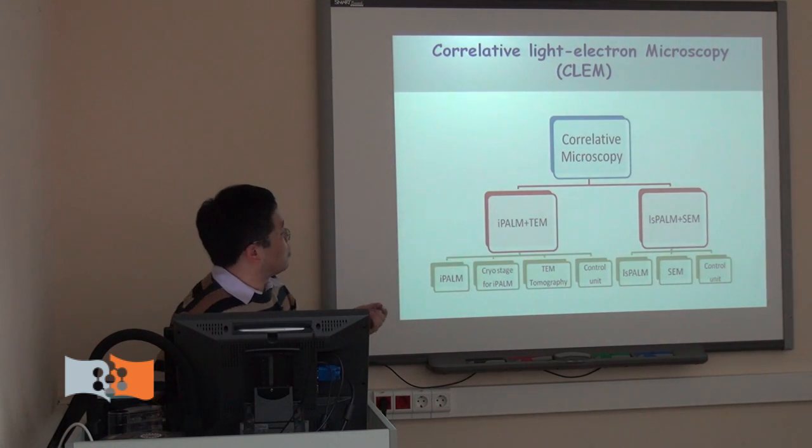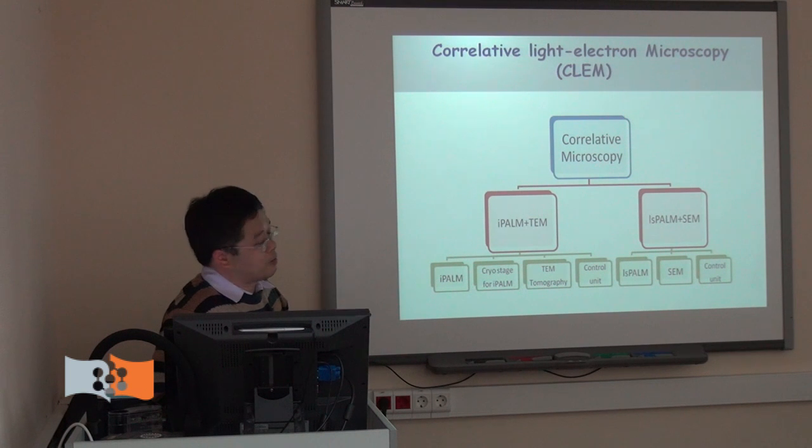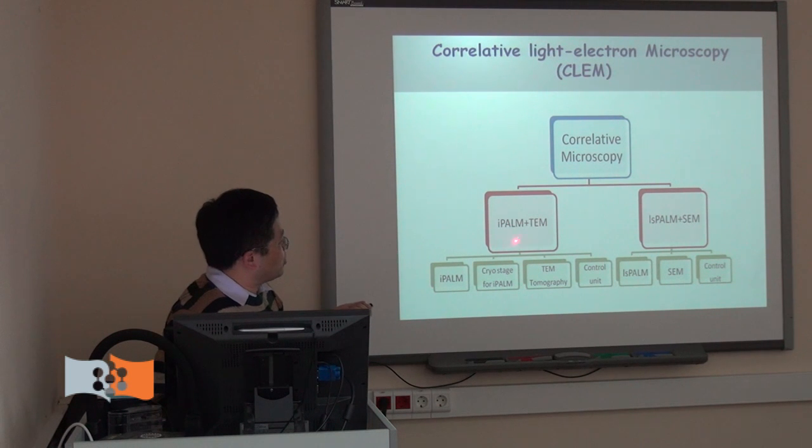In our institute, the director is leading a project to build a platform to combine EM and LM. Actually, they use a high super resolution LM, which I would call IPAM.